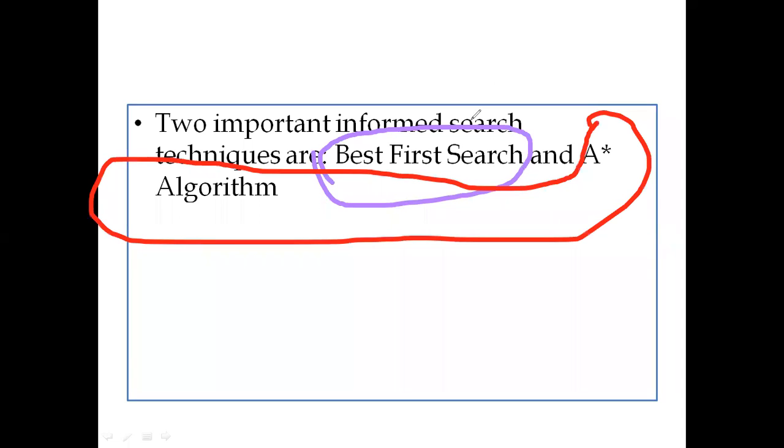Both of these search techniques are very popular. Almost whenever you encounter some AI based things, you might find these algorithms being implemented there, mostly the A star one. So why not let's discuss that.